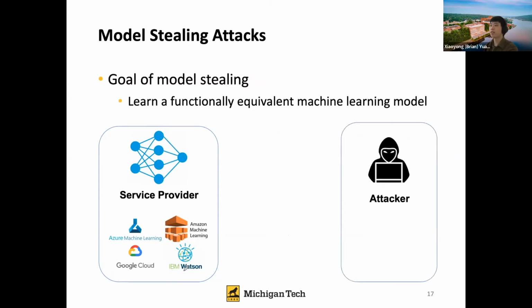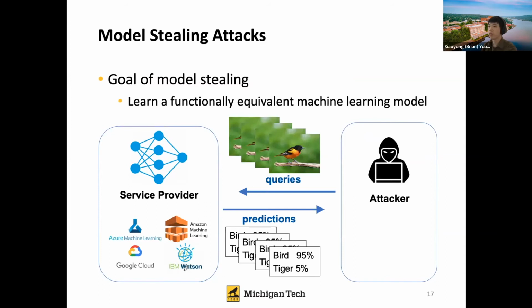And in recent years, there has been a lot of research investigating how to steal these models, how to obtain functionally equivalent machine learning models. In the model stealing attack, the attacker can pretend to be a normal user and send a sequence of queries to the service provider, and the service provider provides the prediction on the input data.